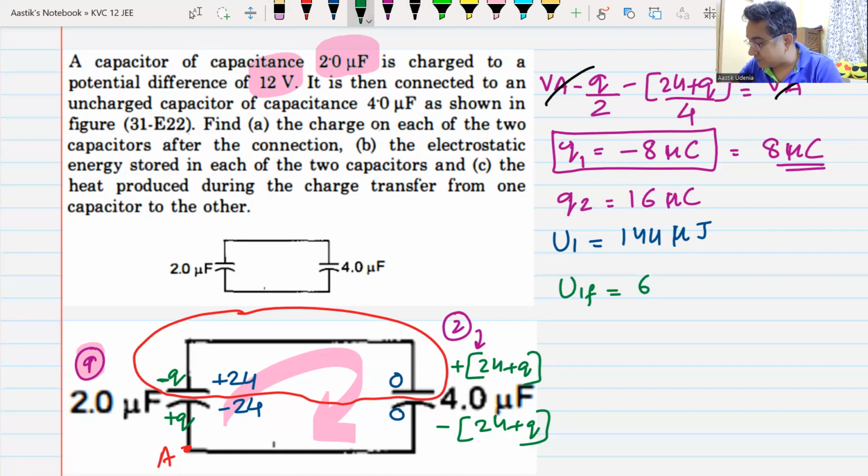I don't know what you are doing at home. Okay, everything is okay. What is the final energy stored in the second capacitor?